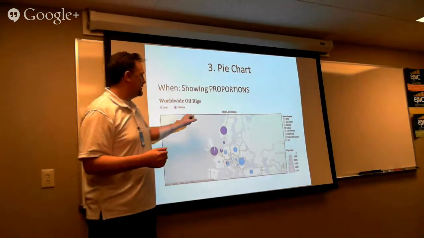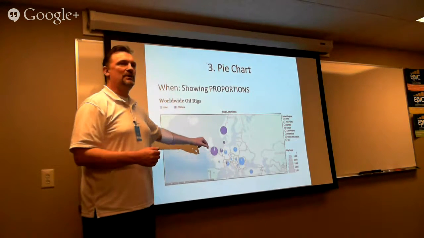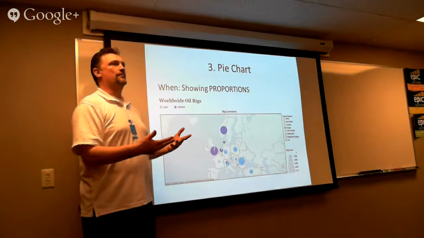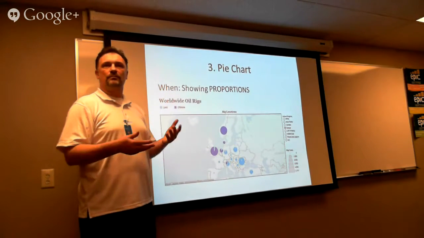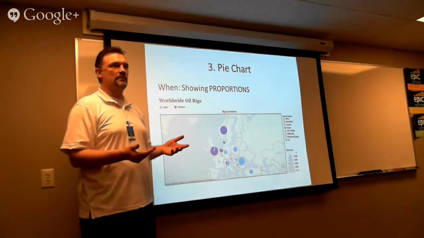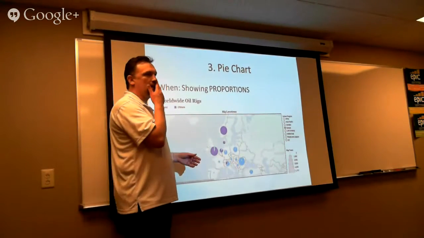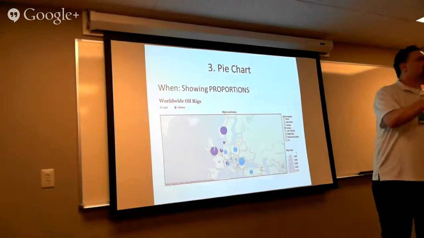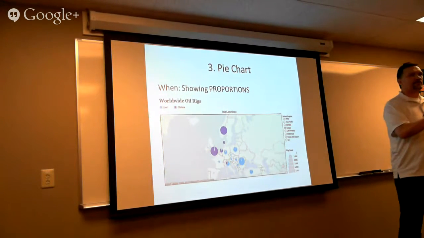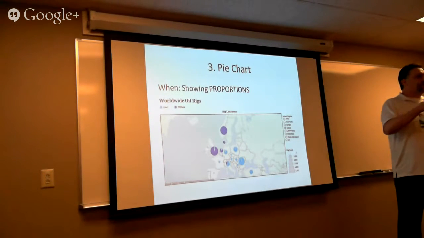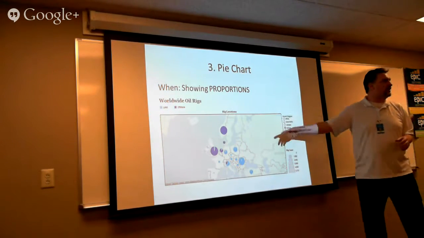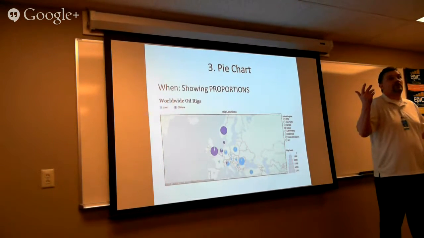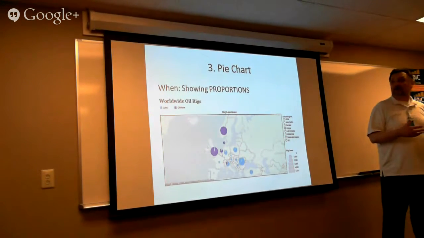Now, that said, pie charts can be very difficult for us to decipher if they become too complex. So one of the typical recommendations for pie charts is don't have more than 5 or 6 slices. Because if you get 48 slices in a pie chart, you can't compare. You can't compare if you get 10 or 15, most likely.